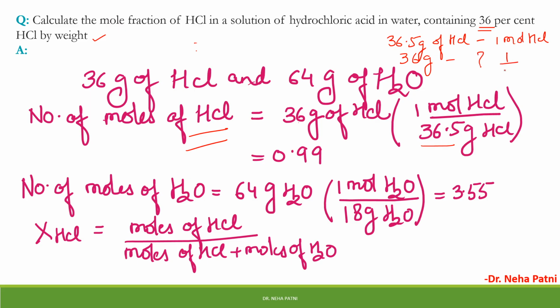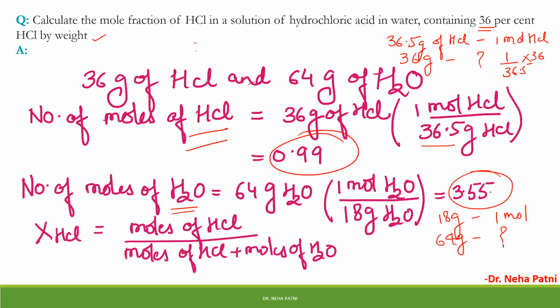That is the unitary method, 1 by 36.5 into 36. Similarly, the number of moles of water: if 18 grams of water is 1 mole of water, then 64 grams of water will have 1 by 18 into 64, which gives you 3.55 moles.